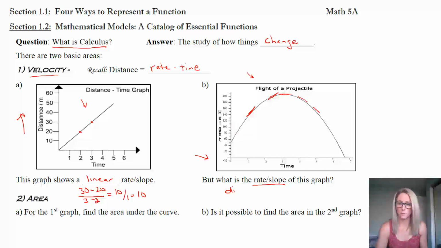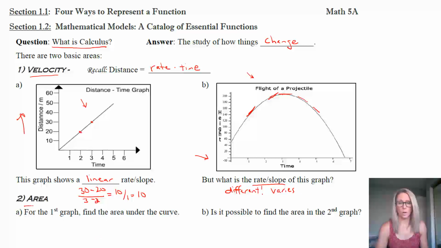Okay, so it varies depending on where you are on that graph. And so what we do a lot in the beginning of calculus is talk about that. How can we take a graph like the flight of a projectile and find out the rate of change, how fast something is moving at a certain time?